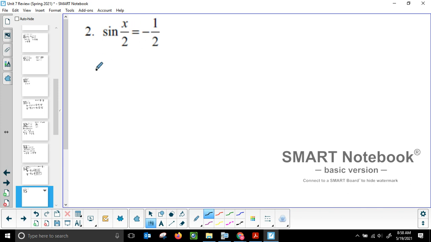But yes, this is the same thing as sine of 1/2 x. Again, don't mess with this 1/2 while it's still attached to the sine. Just ask yourself, where is sine negative 1/2? That occurs at 7 pi over 6 and 11 pi over 6.